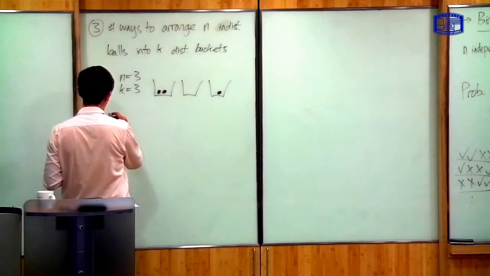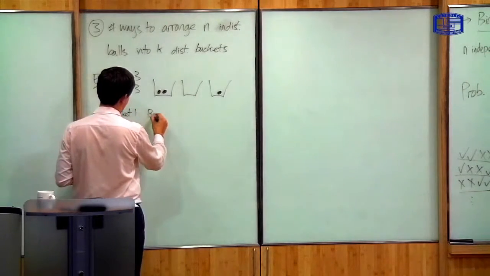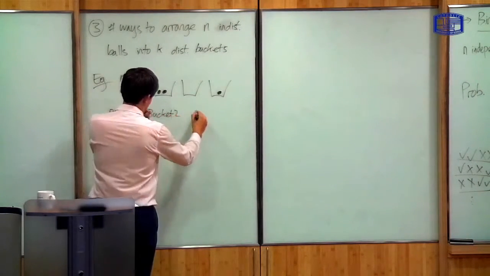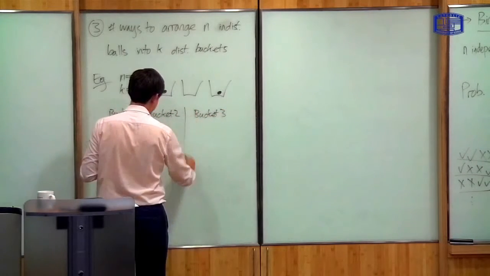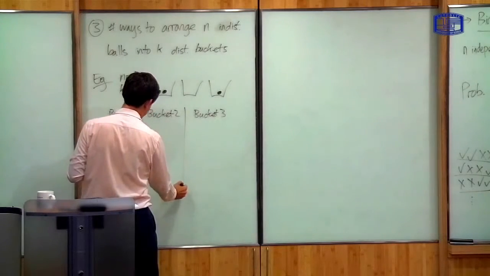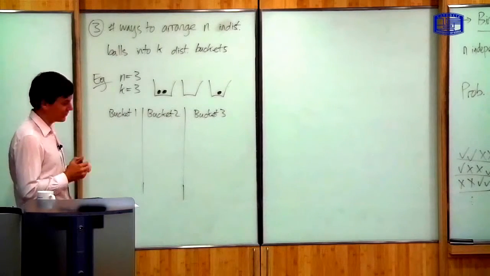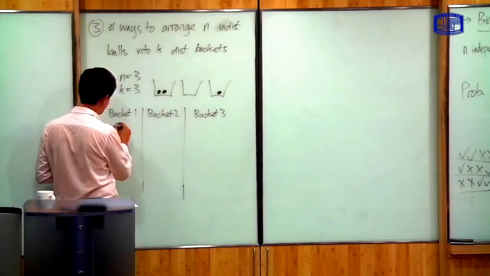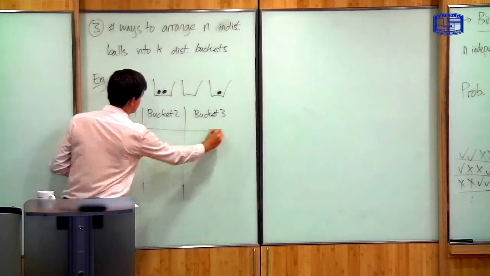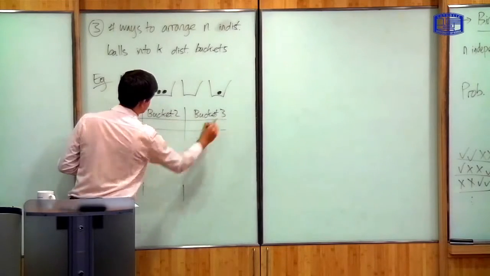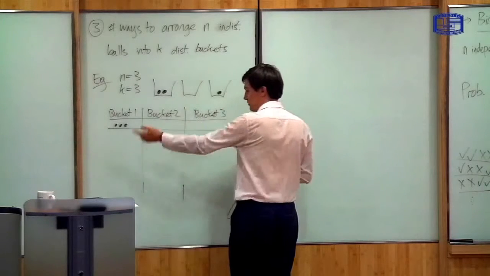Well, let's just do it as a table. Bucket 1, bucket 2, bucket 3, like this. So first of all, let's do it in a consistent way, I can decide to put all of the balls into the first bucket. That's one way of doing it. Next, I'll start moving the balls over.